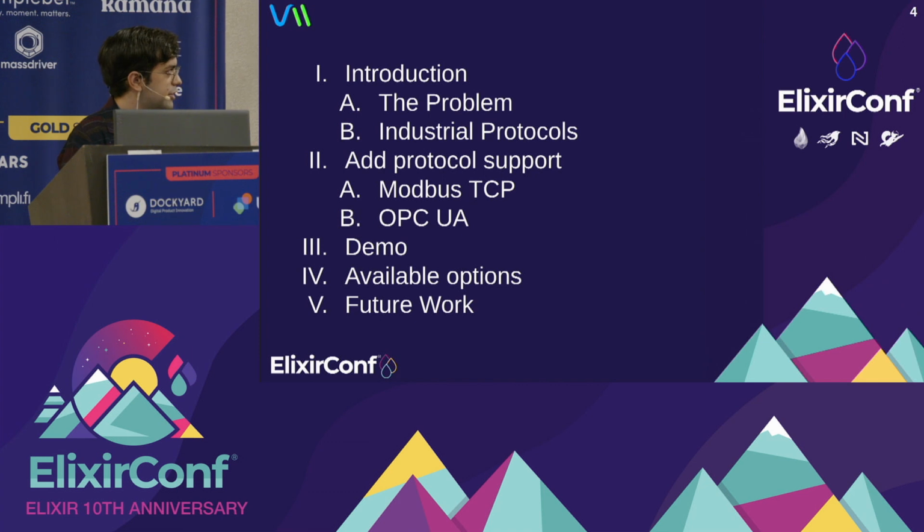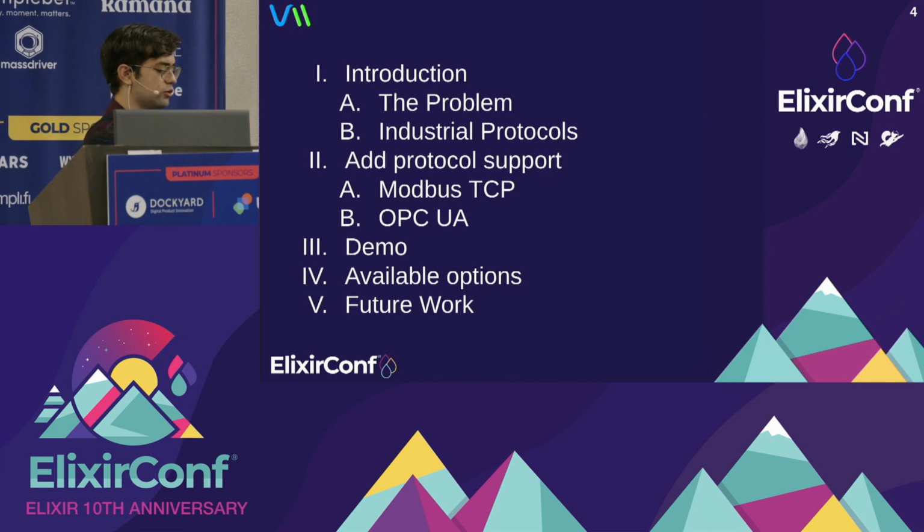We will do a brief introduction to industrial communication protocols, discuss their features and constraints, and talk about how we have added support to those kinds of protocols. We will focus a lot on Modbus TCP and OPC UA, with a little demo.